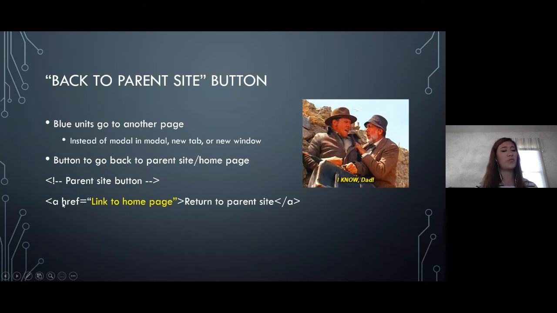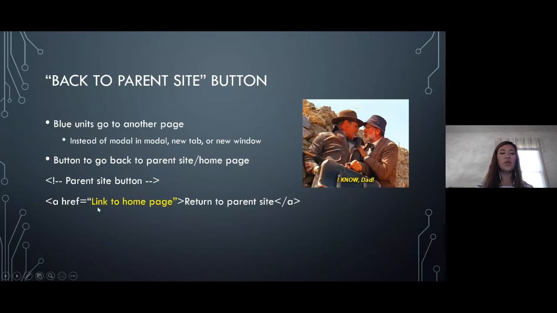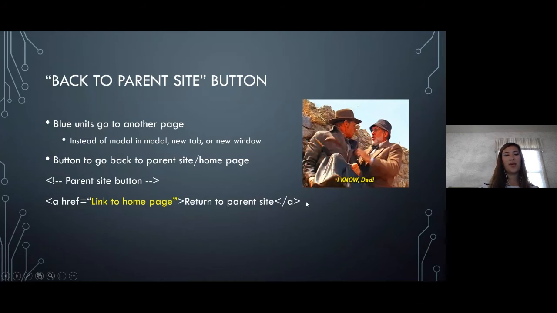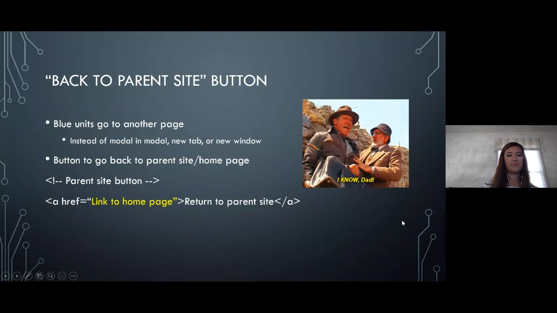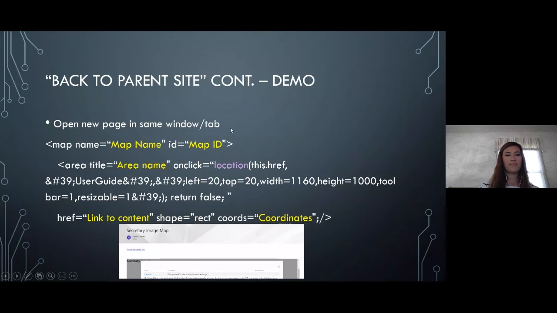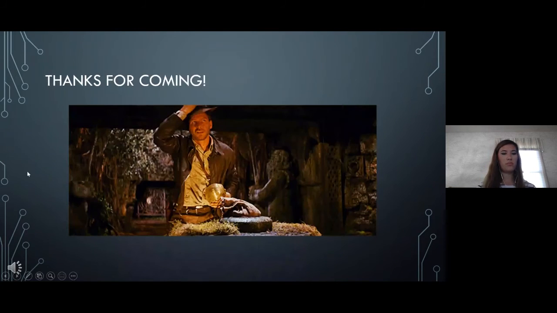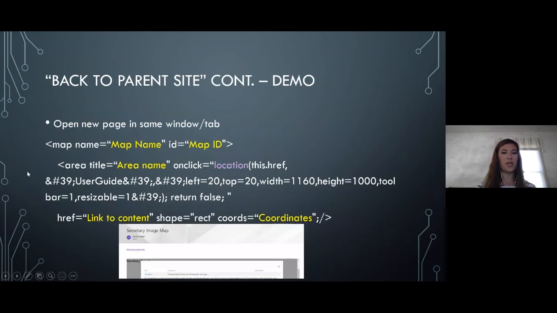So here's the code, it is very simple. Just a link to the home page. And then I added, oh my goodness, I'm getting ahead of myself. To continue, that opens the new page in the same window and same tab. It doesn't open a whole new window or tab again.